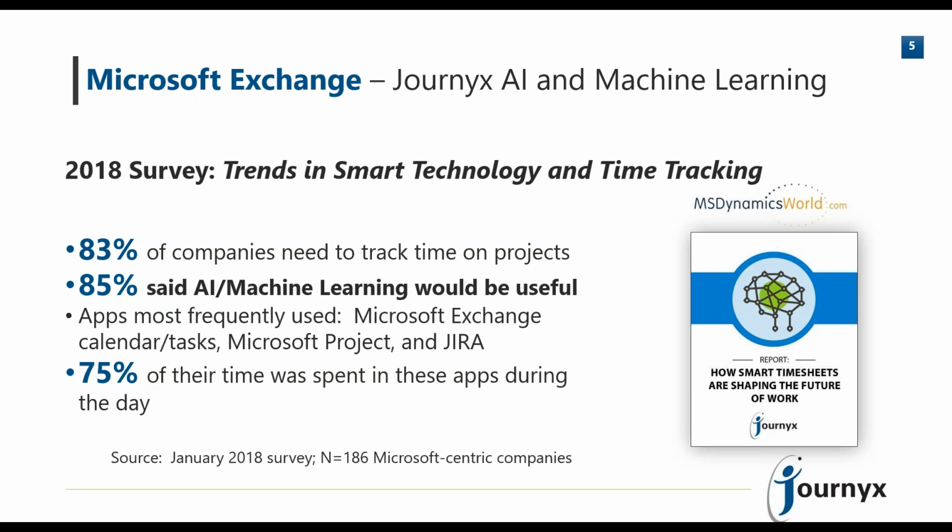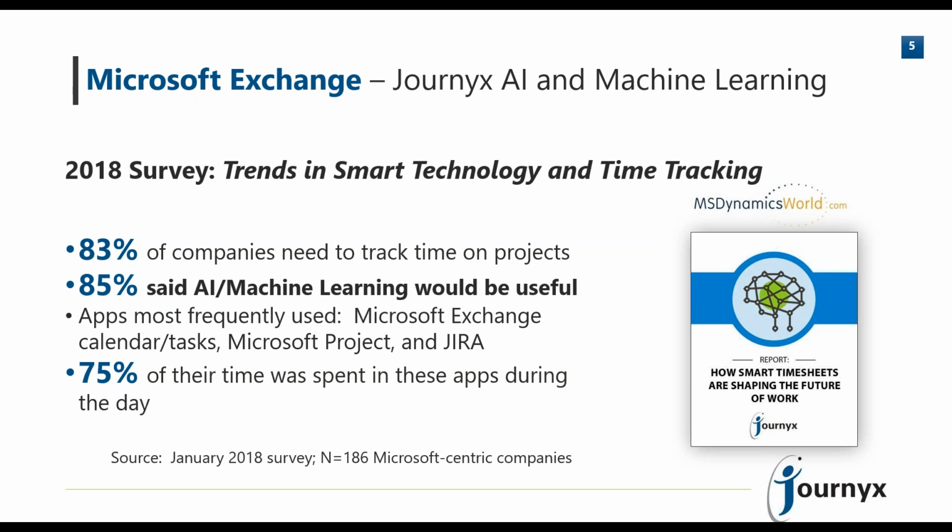And out of those 186 companies, 83% of them needed to track time on projects, which would make sense. Of those 83%, 85% of them said that AI or machine learning would be useful.